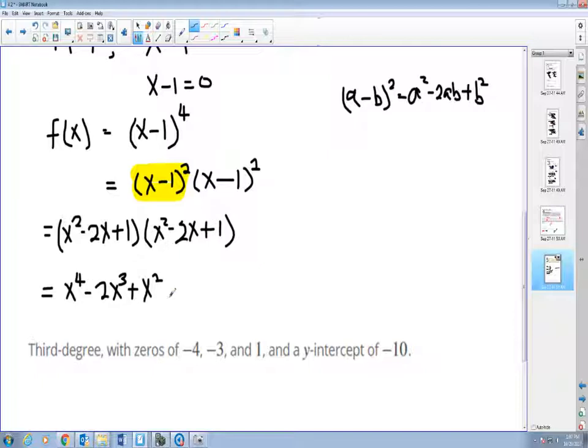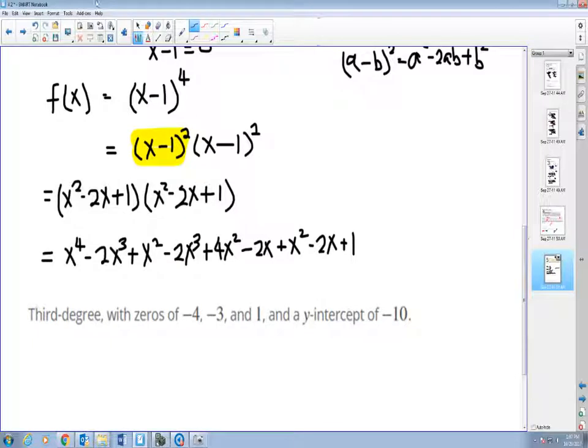Negative 2x times x squared, negative 2x to the 3rd. Negative 2x times negative 2x, positive 4x squared. Negative 2x times positive 1, negative 2x. Alright, positive 1 times these three terms back here, positive x squared, negative 2x, and positive 1.